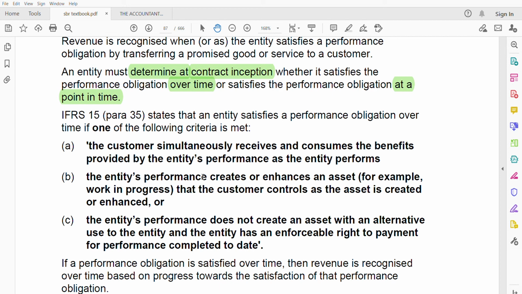They have the right to receive it, and they do not create an asset with alternative use. See that technical support. What is the use of that technical support? It is to enhance the performance of your computer or the experience of the user, the one who bought the computer, right? But you cannot use that technical support for some other users. You cannot use it like that. Then it is over a period of time.